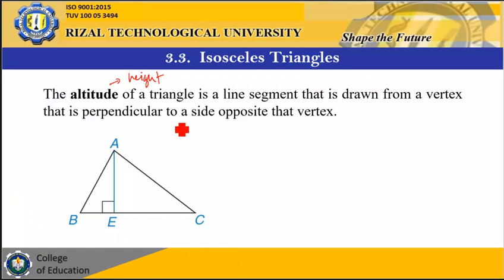So, given that segment AE is the altitude of triangle ABC, what can we conclude?